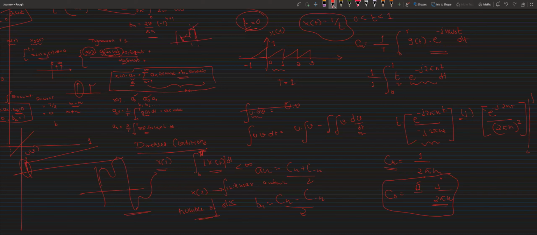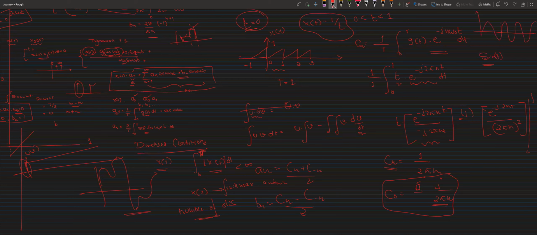What about sin t? Whether sin t satisfies the Dirichlet condition? No, because if you keep integrating sin t, will it be valid? Over one period it's fine, right?